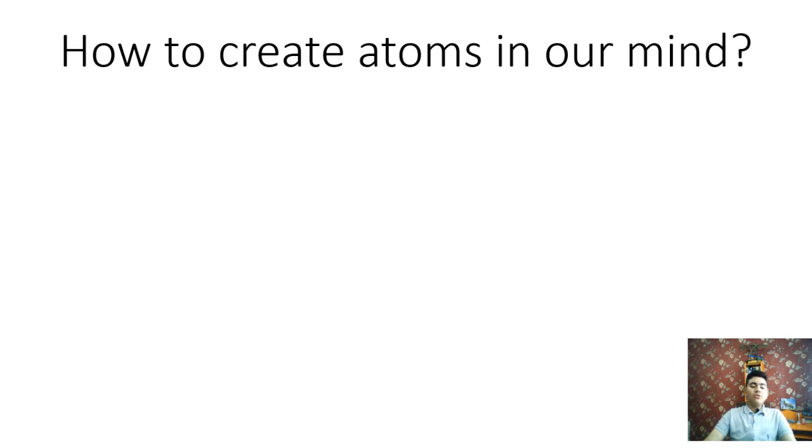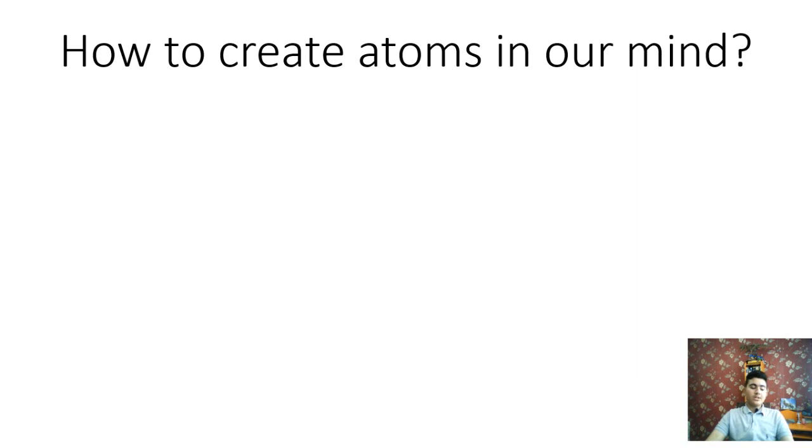So we have to add one proton and 1 electron, and of course we have to add a number of neutrons too, but the number of neutrons does not go exactly in order.